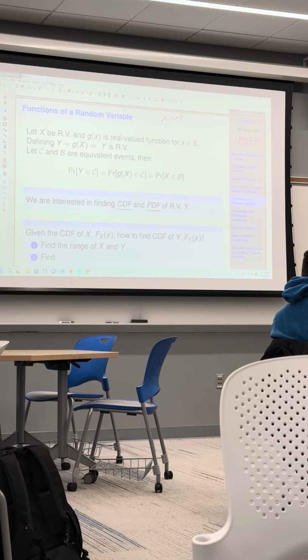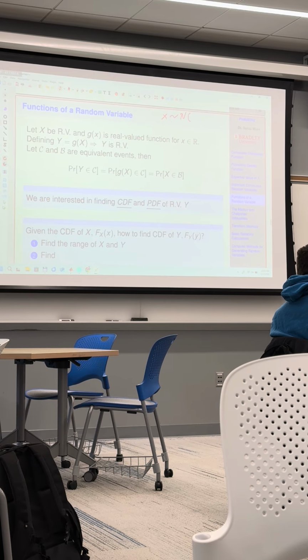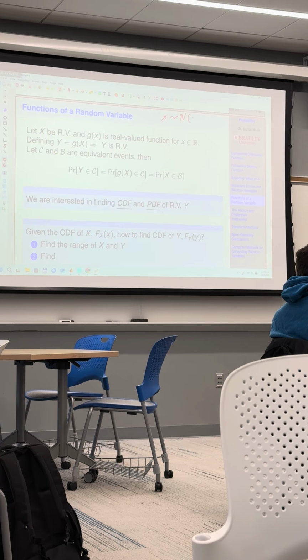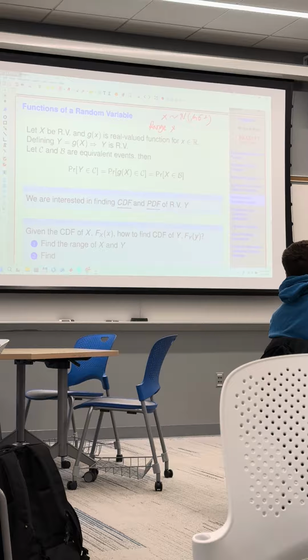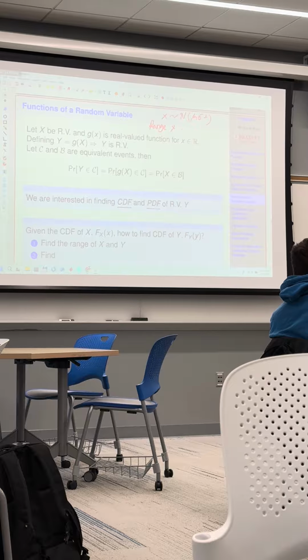For the sake of simplicity, say X is a Gaussian random variable with parameters mu and sigma squared. Now we know the range of X, which we denote S sub X, and it is negative infinity to positive infinity.